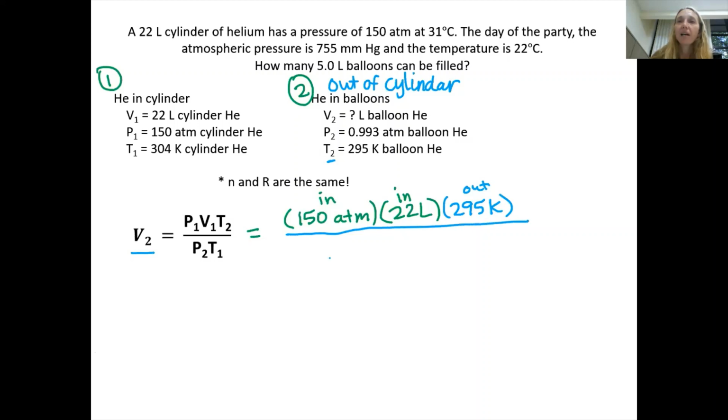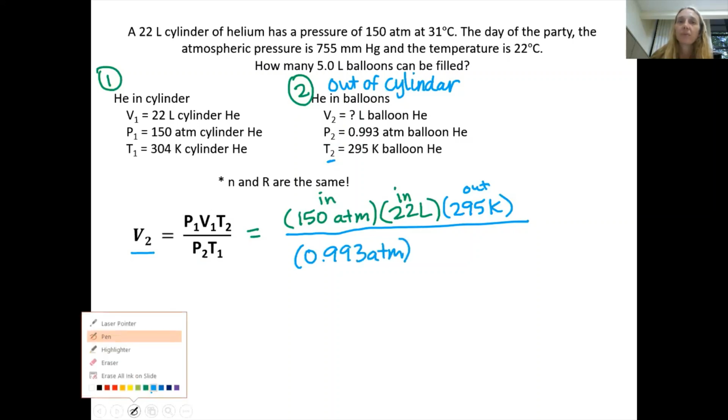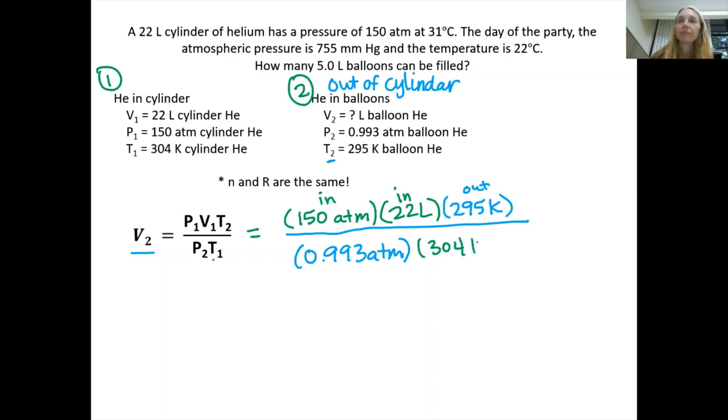I'm going to divide that by P2, which is out of the cylinder, and then divide that by T1, which is 304. So this is in, and this is out. I have these two different situations. Now I want to find V2 that's out of the cylinder.